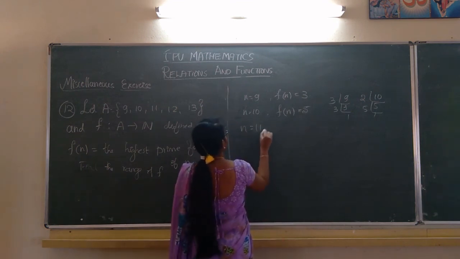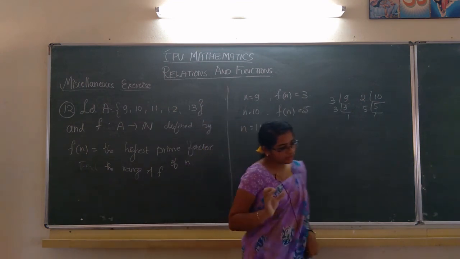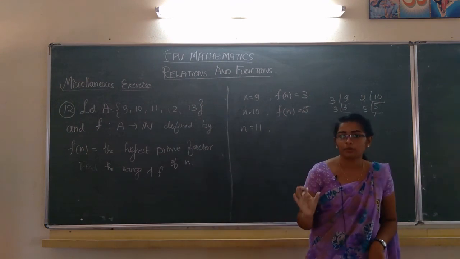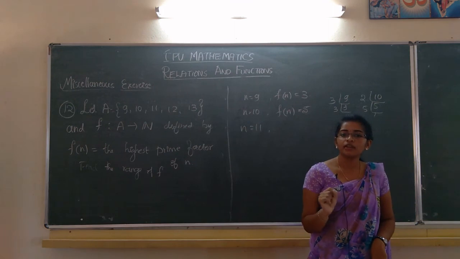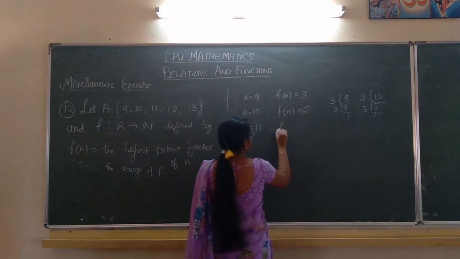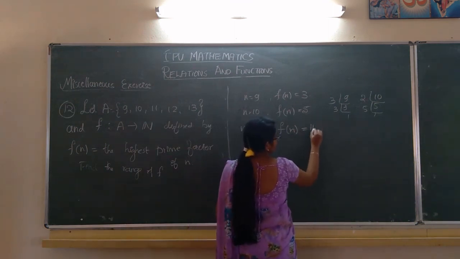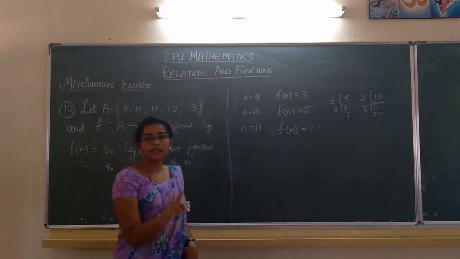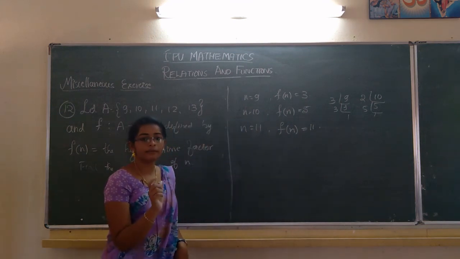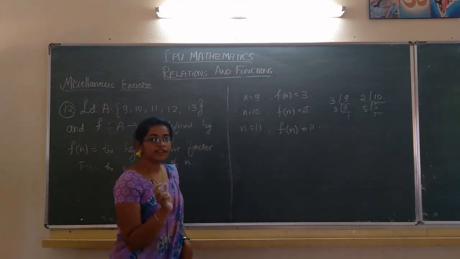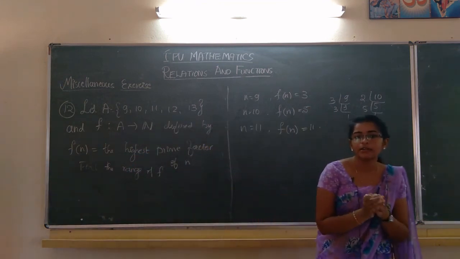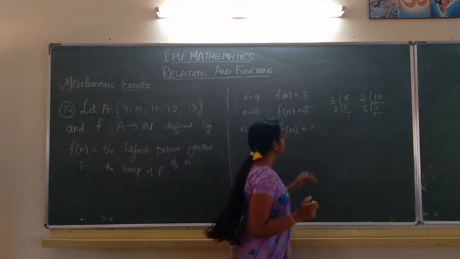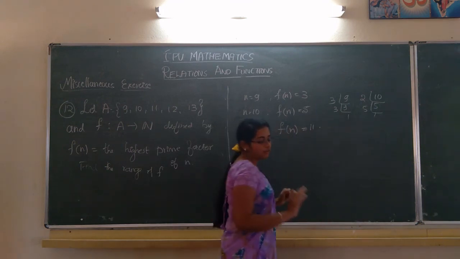If I take N equal to 11, look at 11. 11 is a prime number, right? So what is the highest prime factor of 11? 11 itself. So F of N is equal to 11 itself, because 11 is a prime number, and the only divisors of that number are 1 and itself.